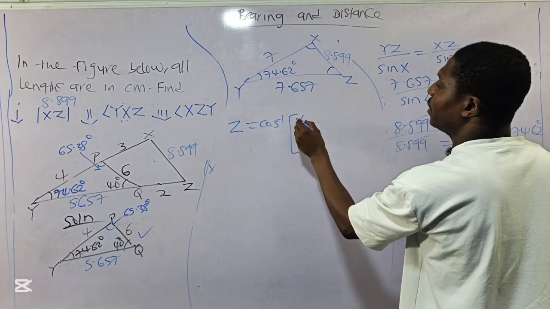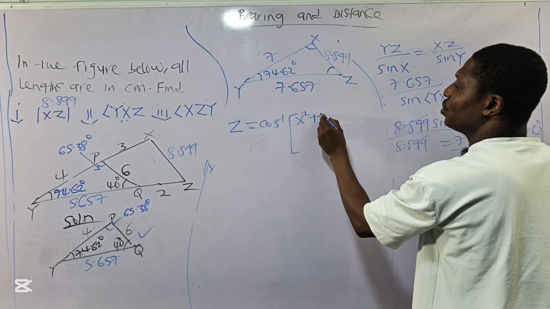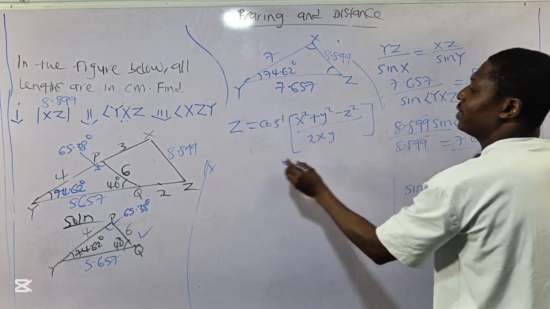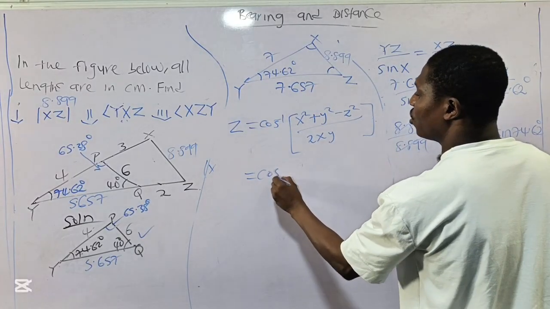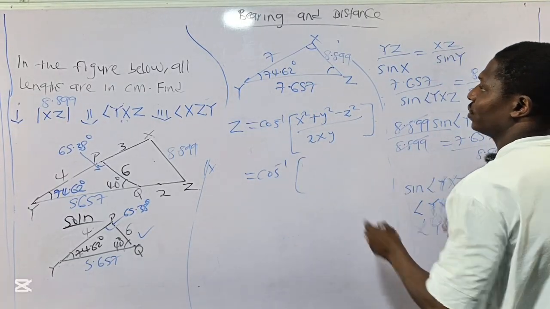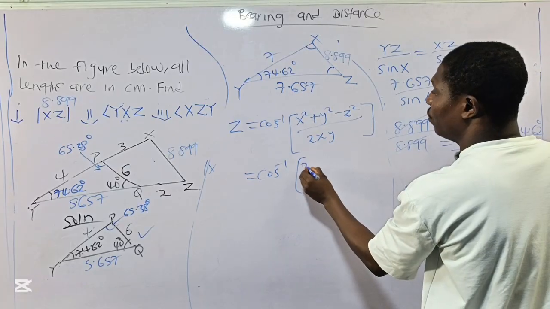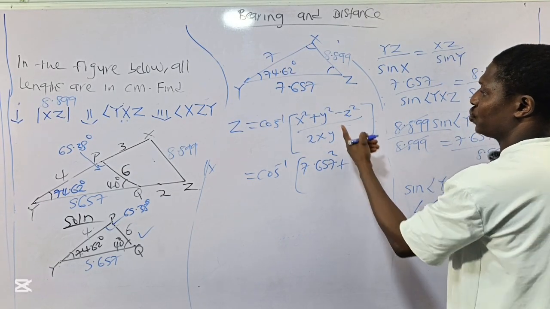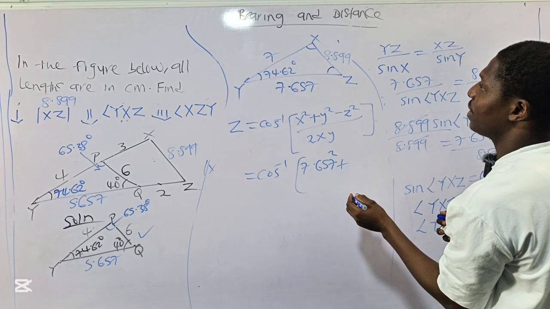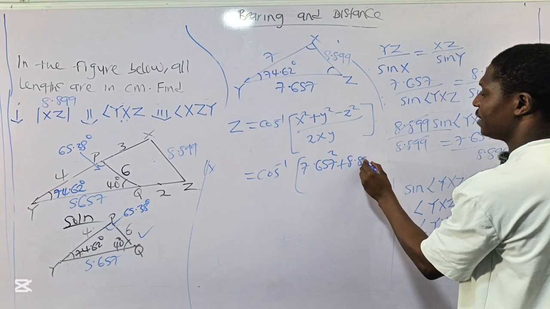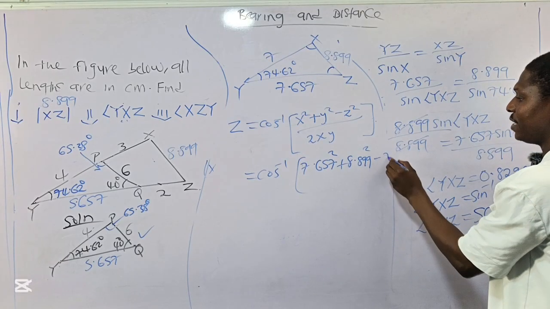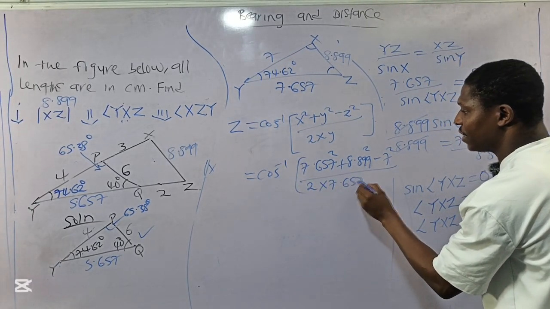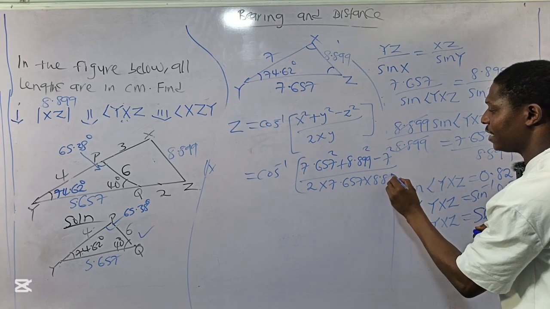So I should have X squared plus Y squared minus Z squared all over 2XY. My X is facing this angle, which is 7.657 squared plus my Y, which is 8.899 squared, minus my Z, 7 squared, all over 2 times 7.657 times 8.899.